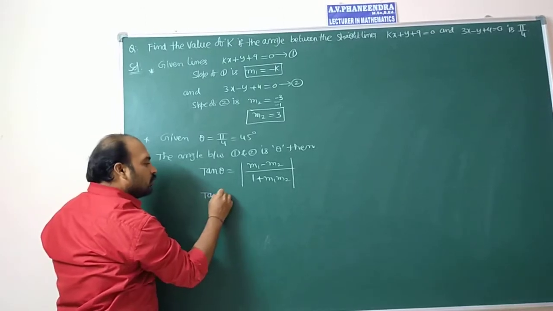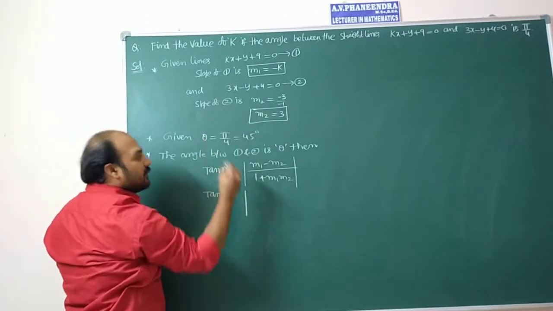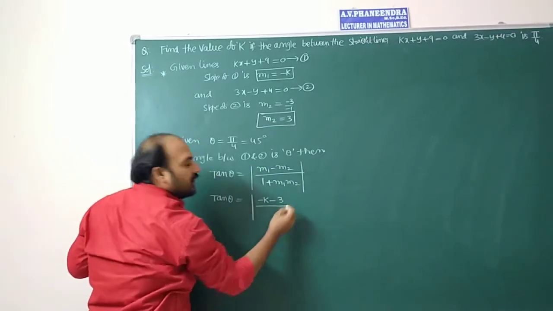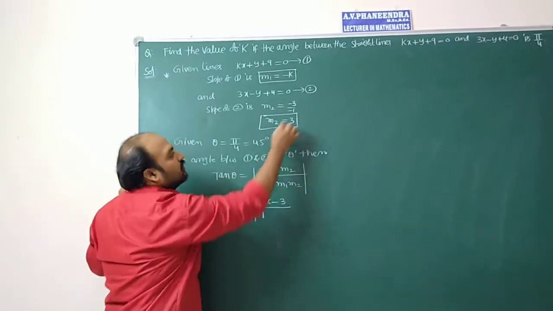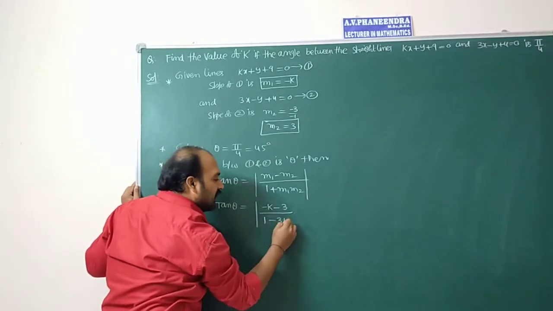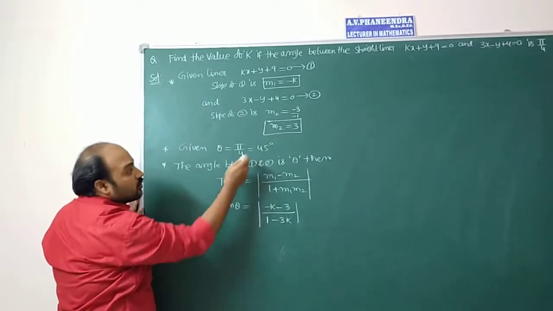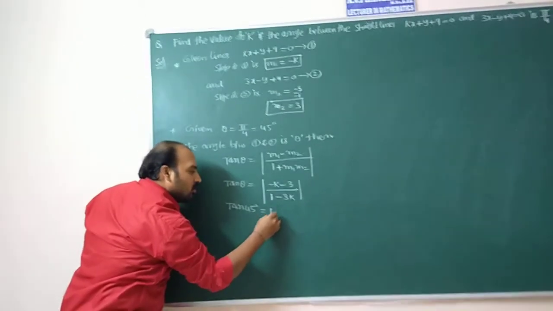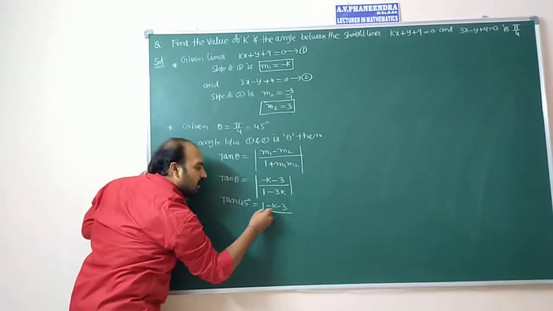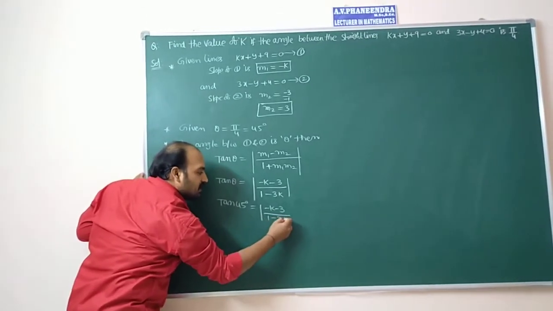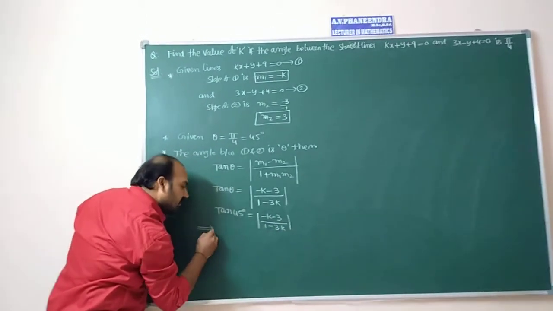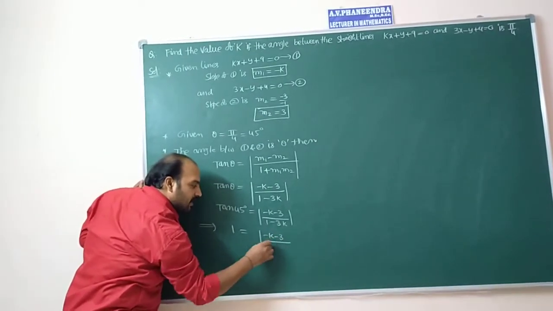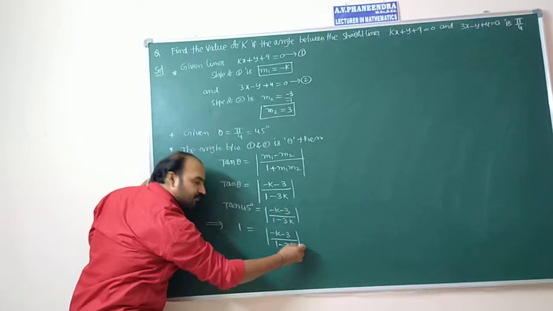Tan theta equal to m1, that means minus k, minus m2, that means 3, divided by 1 plus m1 m2, 3 into minus k, minus 3k. Theta value is 45. Tan 45 is equal to mod of minus k minus 3 by 1 minus 3k. Tan 45 value is 1. So 1 is equal to minus k minus 3 divided by 1 minus 3k.